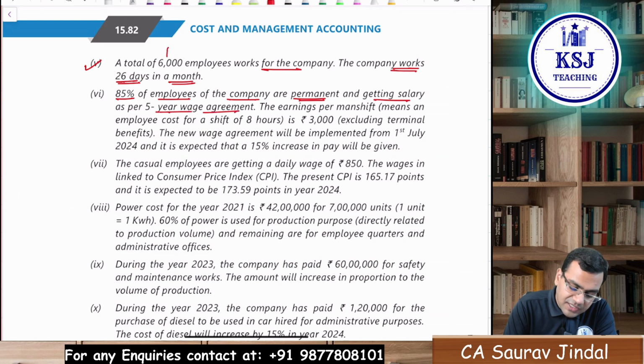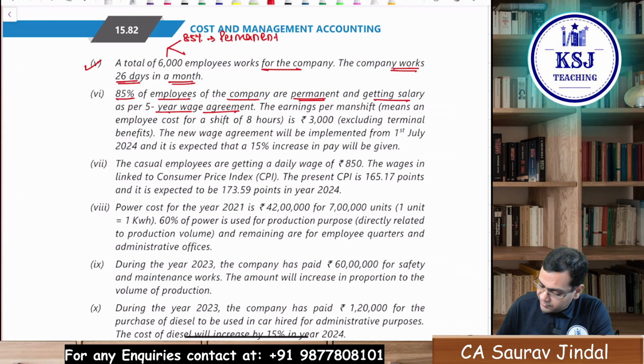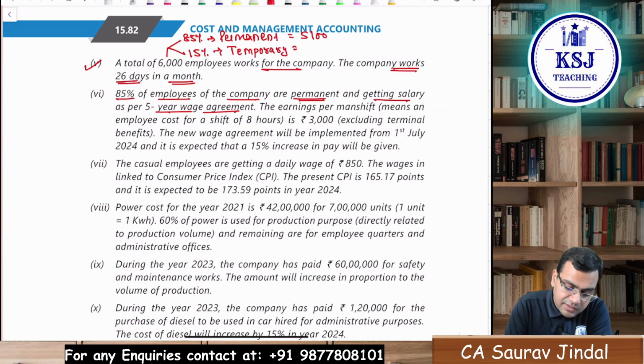So 85% is 5,100 permanent employees. The remaining 15%, that is 900, will be temporary employees.